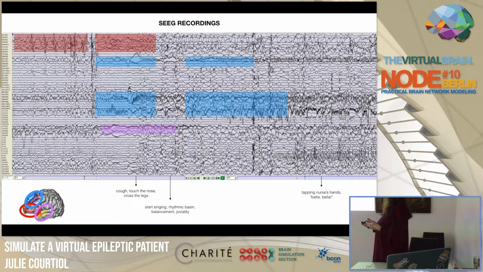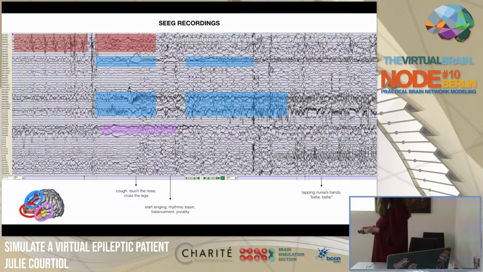So as you can see, epilepsy is not restrained to one single area in the brain, but involves a large network, and it's one of the problems of epilepsy. So if some surgeries are not successful, it might be because the clinician did not identify all the areas involved and the pathways in these networks.